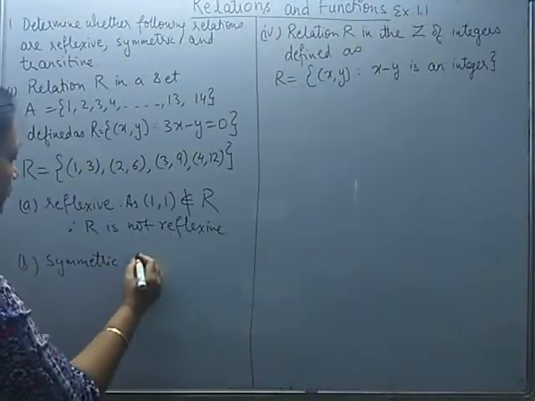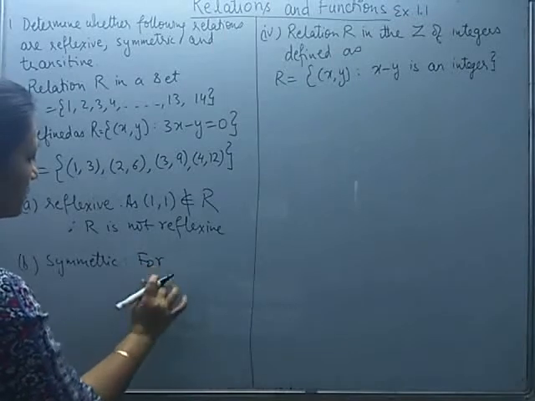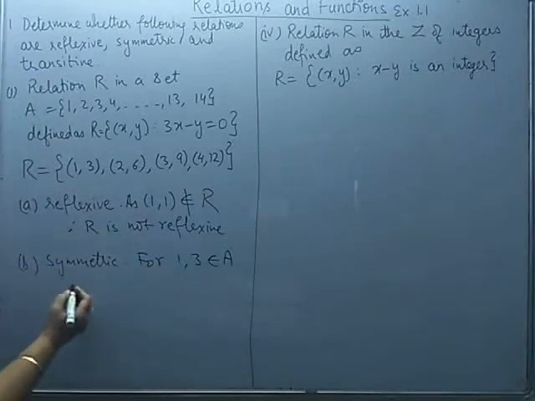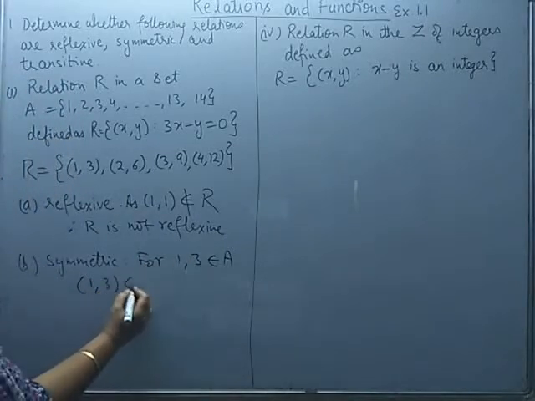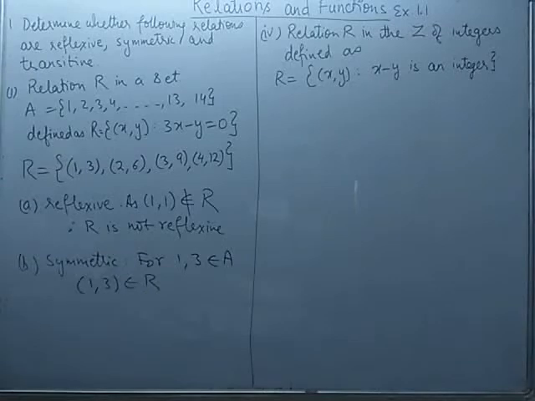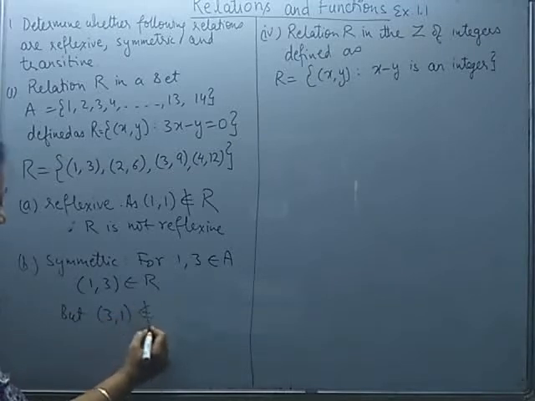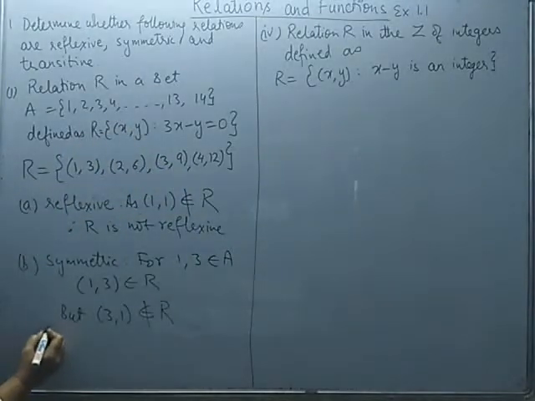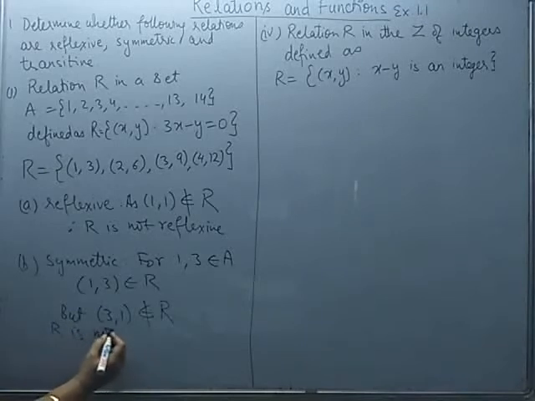We can see for 1 and 3 belonging to the set A, we know 1, 3 belongs to R. You can see I have taken two numbers from the set, 1 and 3, and the pair formed by them, 1, 3 belongs to R. But you can see 3, 1 does not belong to R. Do we have an ordered pair 3, 1 here? We don't have. So this means R is not symmetric.